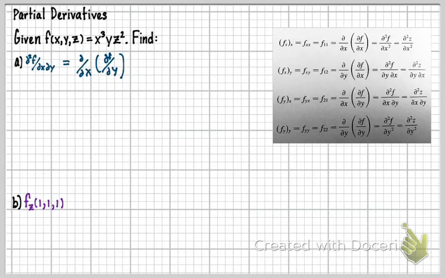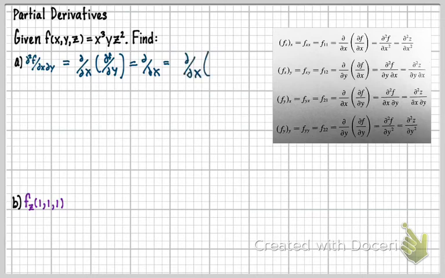So now we're going to do this the simple way, no limit definition here. All right, so that means that we have to do df dy first. So that's my variable, and everything else is constants. So that's y to the first power. So my answer for this is going to be x cubed z squared. But let me put it in the right notation.